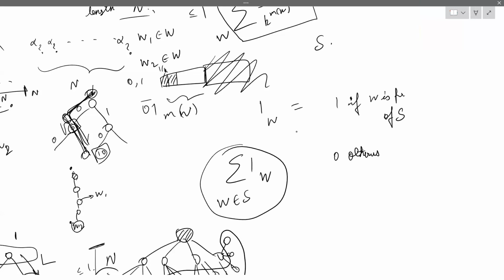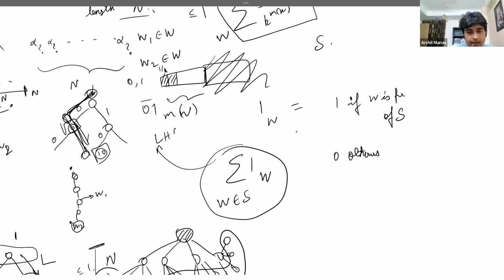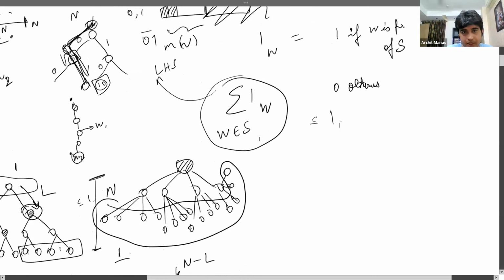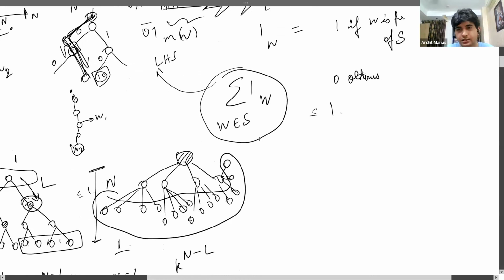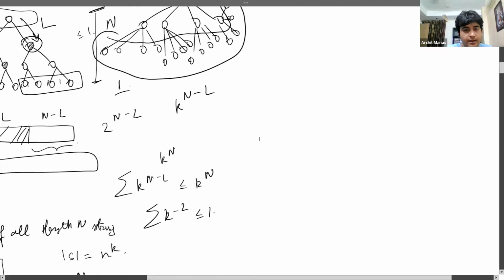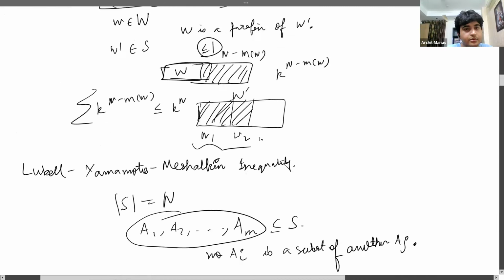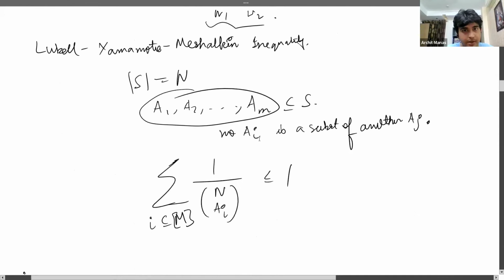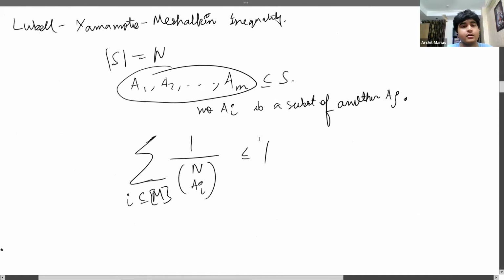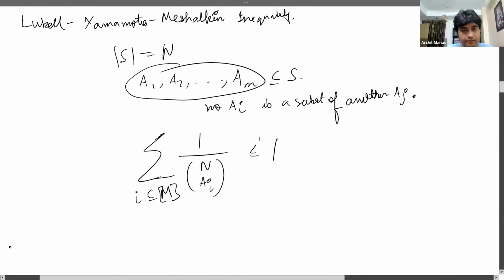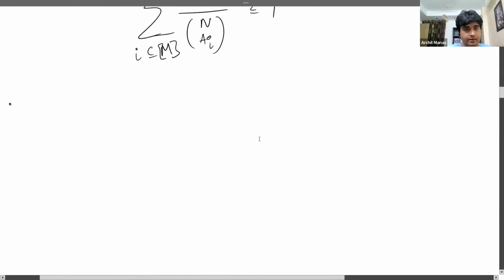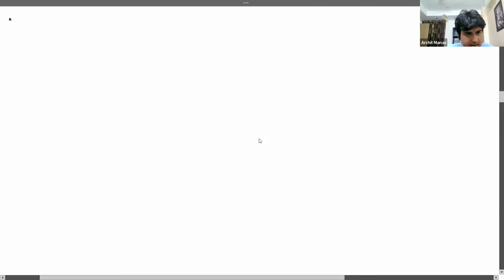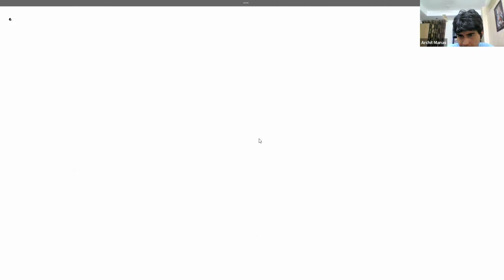And if you look at it, this expression is just the left-hand side on the one hand. And on the other hand, it's at most 1 because you can't have two words both being prefixes. Of course, here you have to use linearity of expectation, which is actually not required here because these events don't even happen together. Sorry, not independent. These events don't happen together.